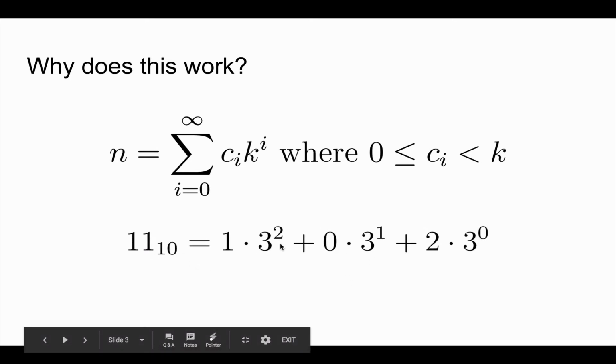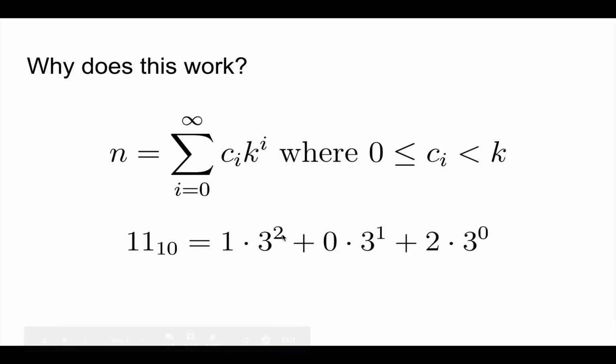For example, 11, we can write in this way. In this case, we're writing n in base k, so k is 3. So we replace everywhere we saw a k with the 3 here, and we count up successive powers of 3 until we are able to represent the number that we started with.